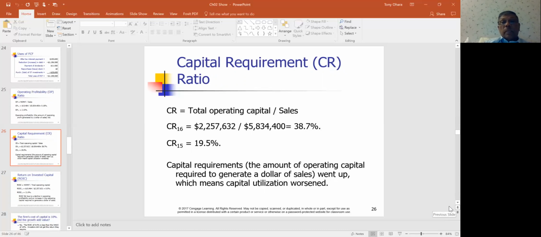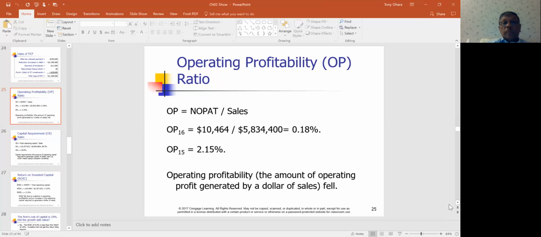We see that it takes, for every $1 of sales, we have 38.7 cents in 16 and in 15, 19.5. It says the capital requirement, the amount of operating capital required to generate $1 of sales went up between 15 and 16, which means capital utilization worsened. These kinds of things are good to kind of understand where the company is.